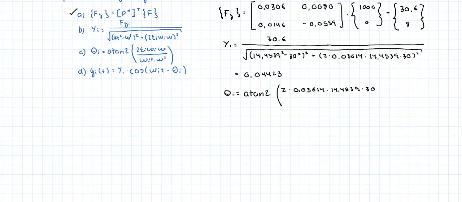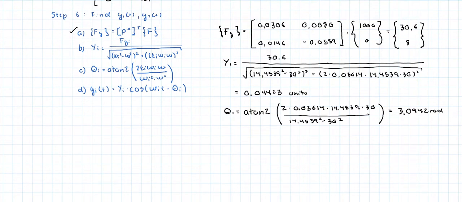All of that divided by, and that should give you 3.0942 radians. By the way, this isn't unitless. It's just that it's not stipulated in the problem what the units are.